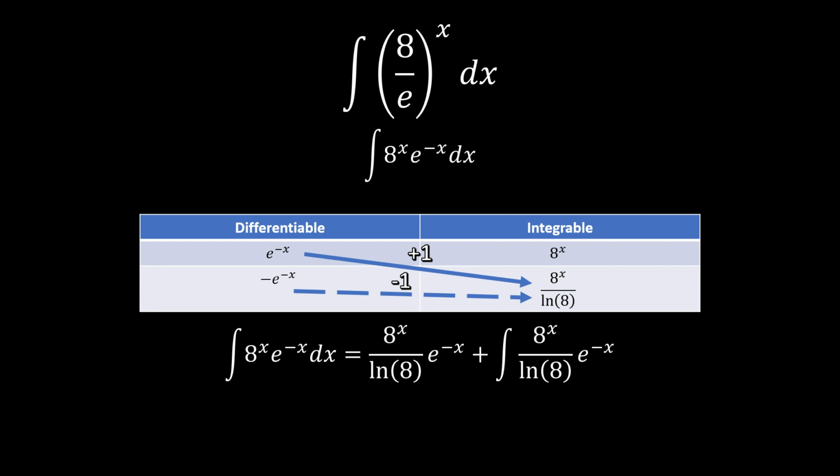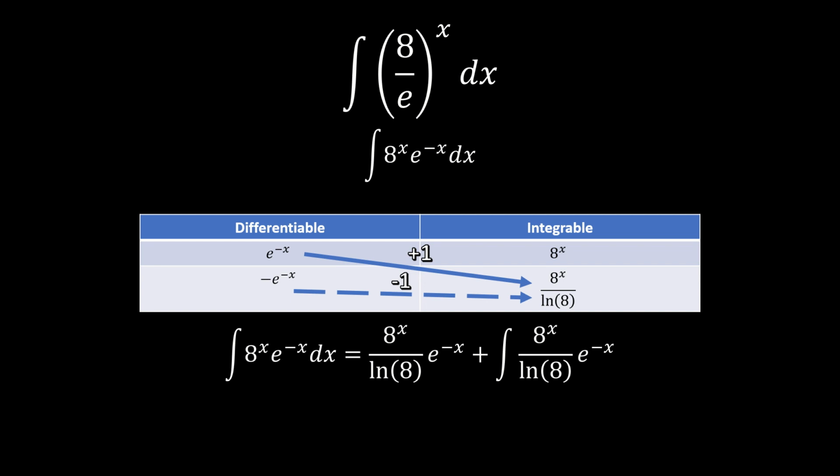So at this point, what we have is the diagonal e to the negative x times positive 1, because that will be our first term in our equation, multiplied by 8 to the x over the natural log of 8. Then our second term, or our horizontal in this case, is going to be negative e to the negative x times 8 to the x over the natural log of 8 times negative 1.